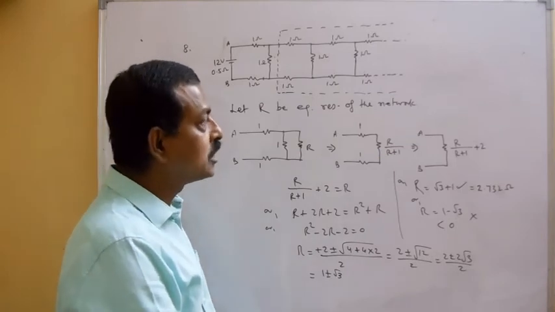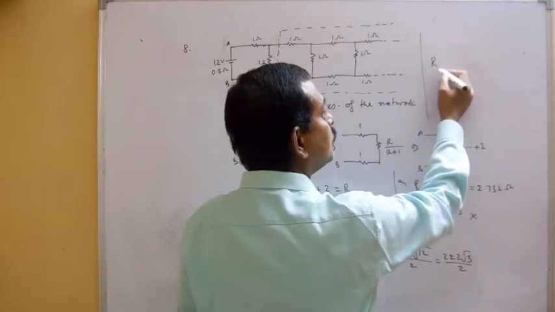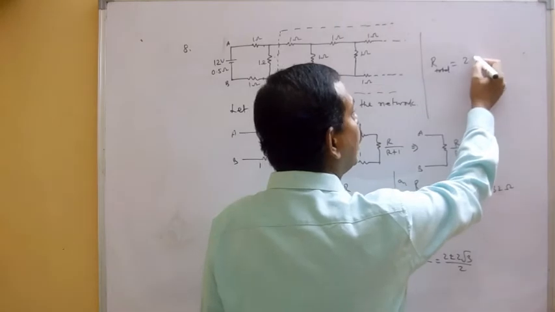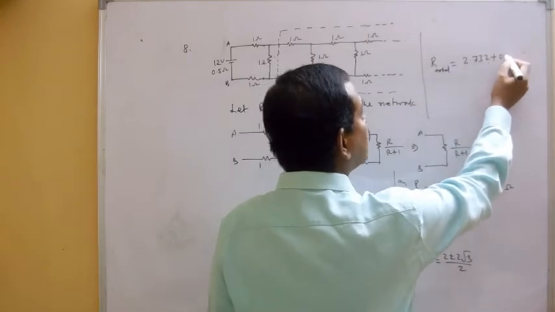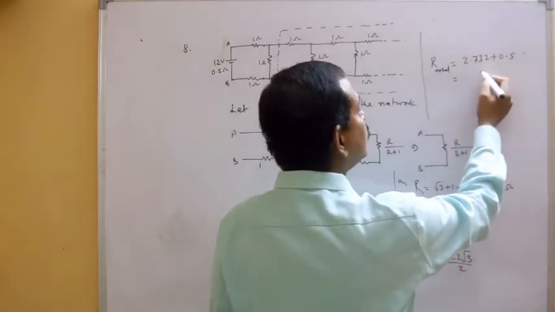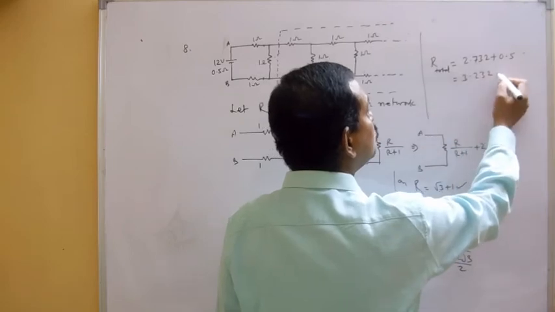So for the circuit, R total will be equal to 2.732 plus 0.5 ohm, and that will be equal to 3.232 ohm.